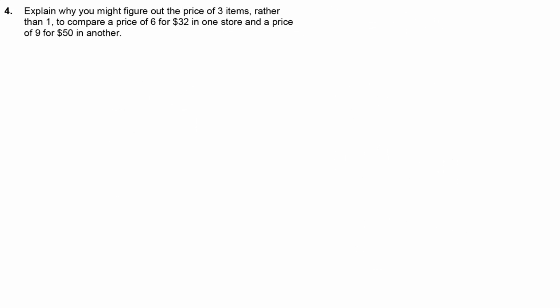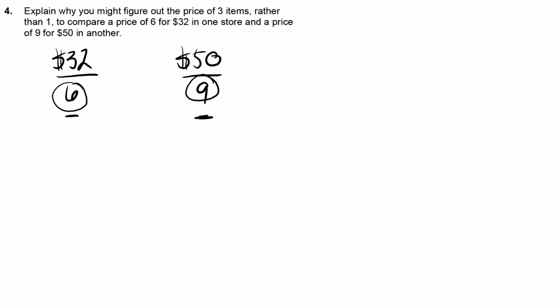Explain why you might figure out the price of 3 items rather than 1 to compare the price of 6 for $32 in one store and a price of 9 for $50 in another. So they're telling us it's $32 for 6 items, and we're comparing that to $50 per 9 items. So we can see that both of these, the 6 and the 9, are multiples of 3.